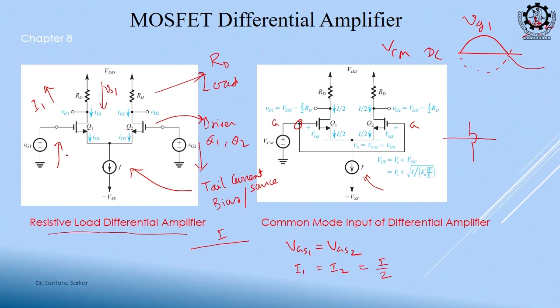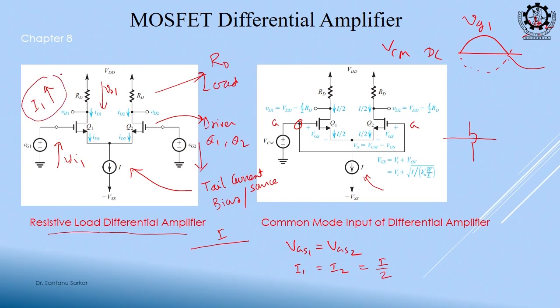So, you see my input and output of the same branch are phase shifted, just like the common source, minus gmRD. If the input is increasing, the output of this branch is decreasing. So, what will happen to the opposite branch? It should increase, right, because the total current I is fixed, and one current is increasing.